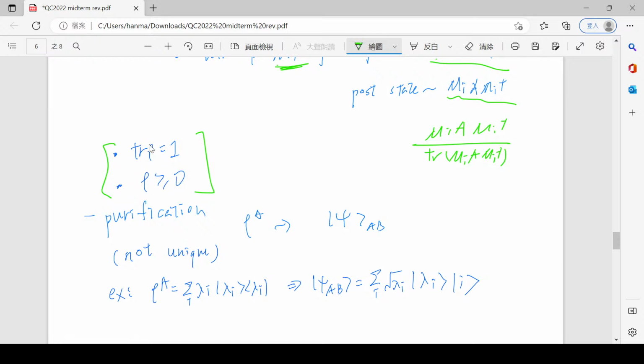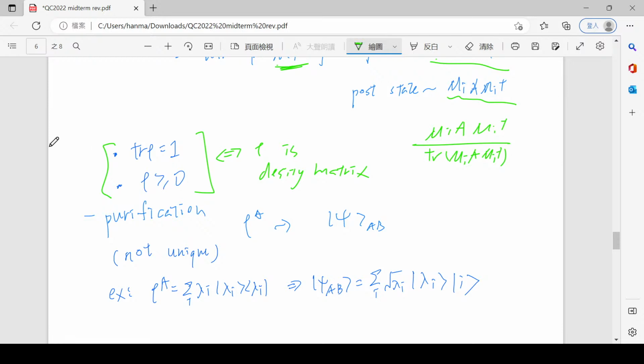And I believe we proved in class that rho is a density matrix if and only if trace rho equals 1 and rho is PSD. Question?